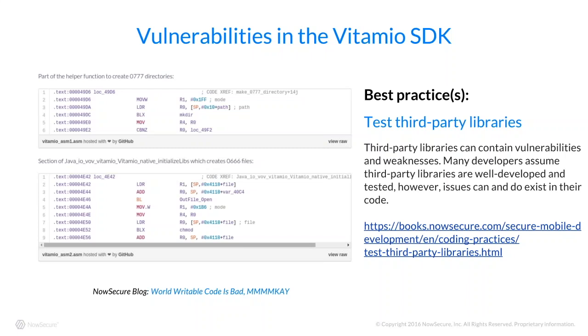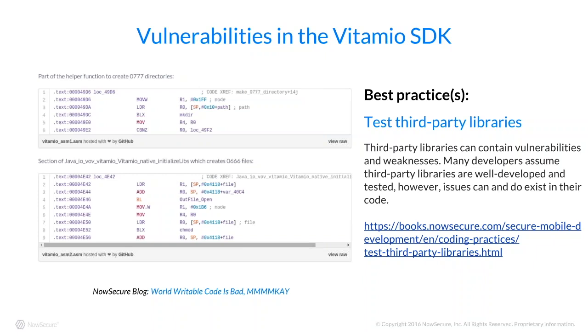The example he used involved a third-party code library called the Vitamio SDK. This is used in thousands of mobile apps, and popular developers using this SDK have between 10 million and 50 million downloads, and even a few as high as 180 million.